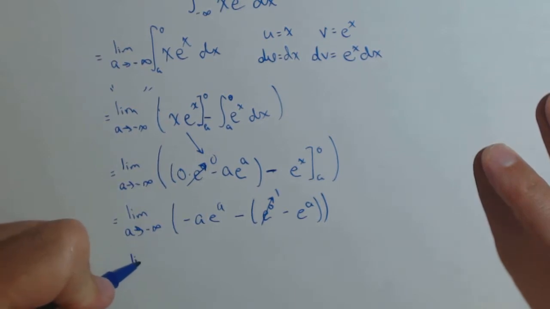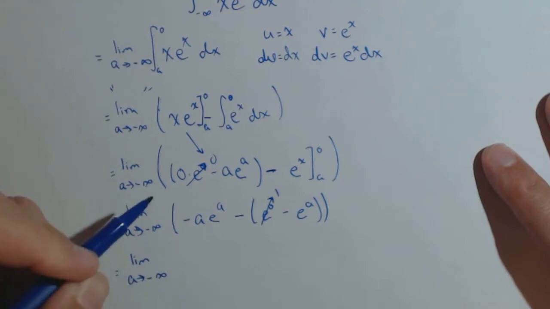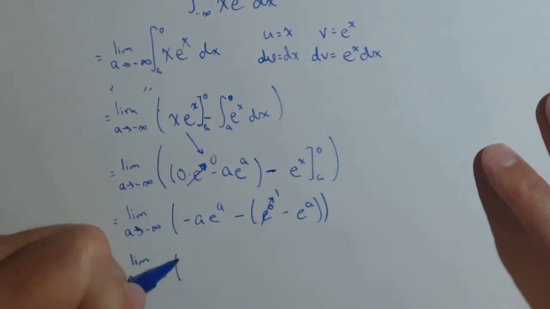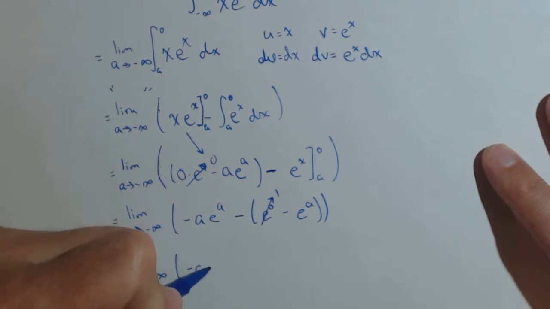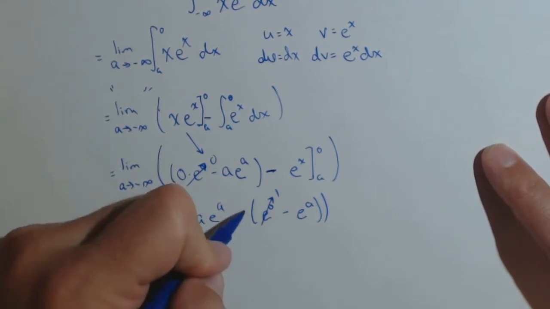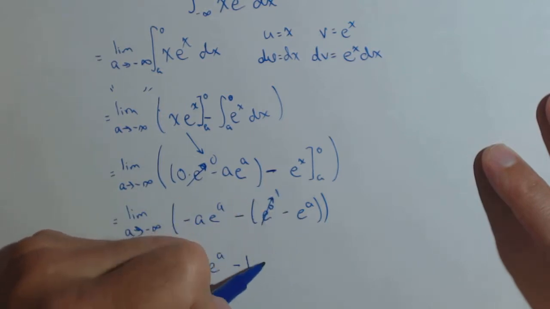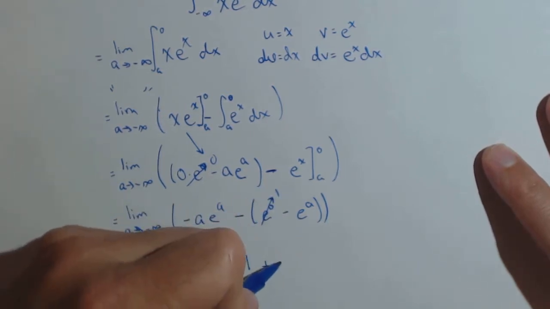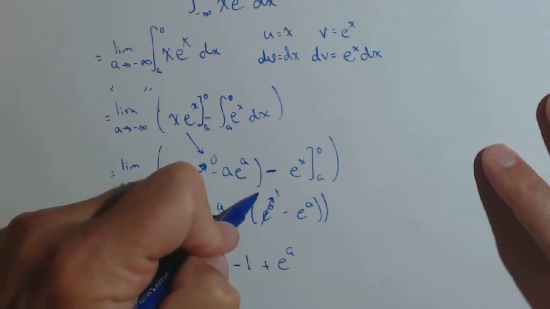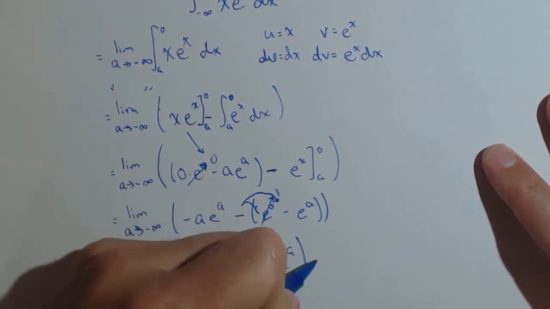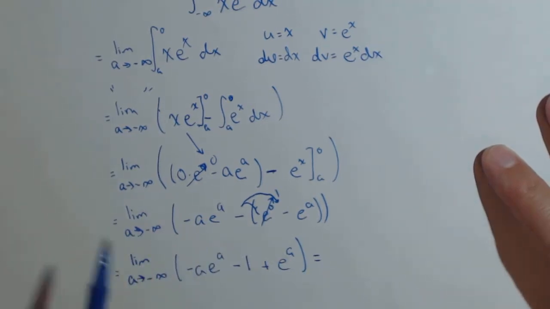So we have limit as a goes to negative infinity of negative a e to the a minus 1 plus e to the a, distributing this negative over those parentheses. This part depends on a, and this part depends on a.